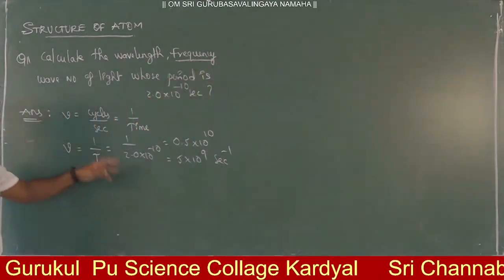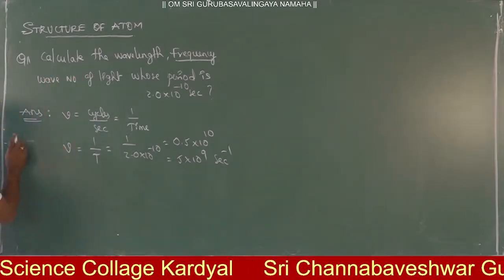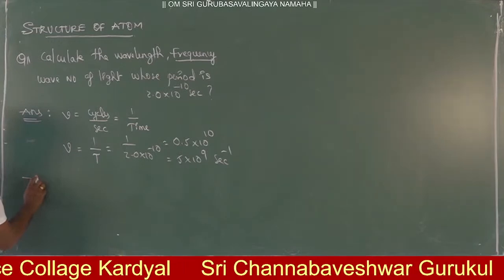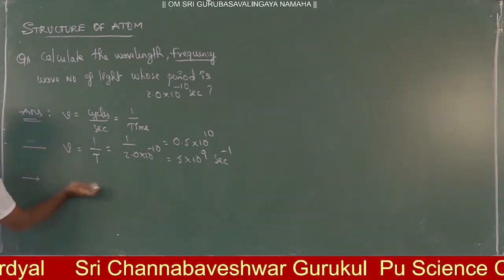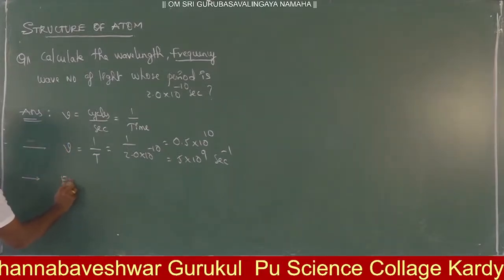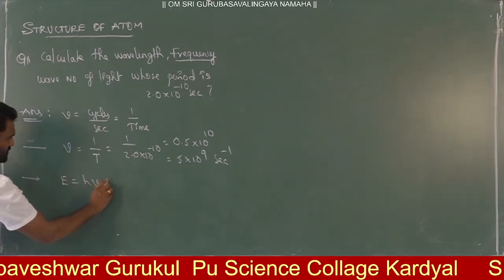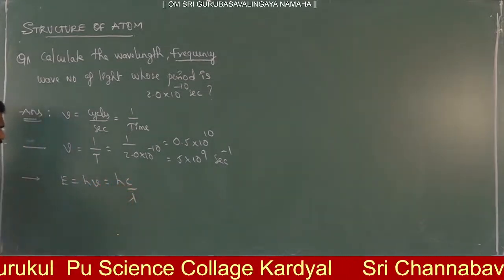After getting the frequency, you can calculate wave number and wavelength. Wavelength, lambda, you have to calculate. How will you calculate lambda? E equals h nu, which equals h c by lambda.